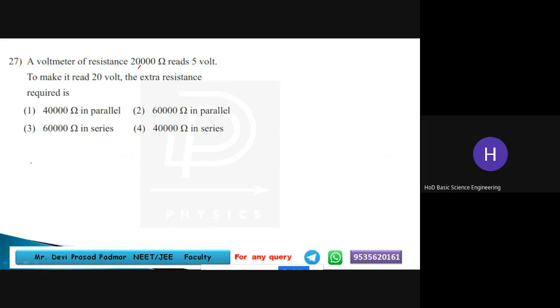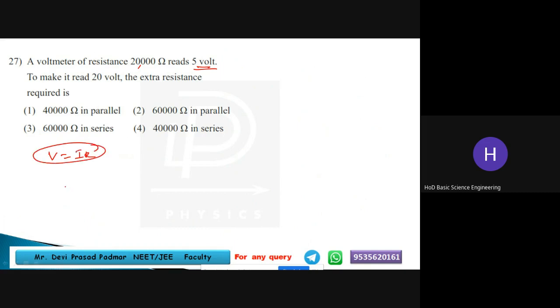Here we can use different methods. I will use one method out of that. Voltage is given 5 volt. V equals IR, Ohm's law concept you can use.